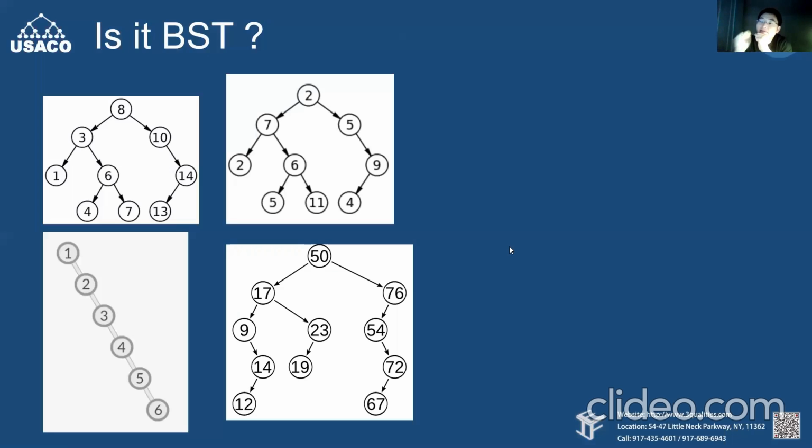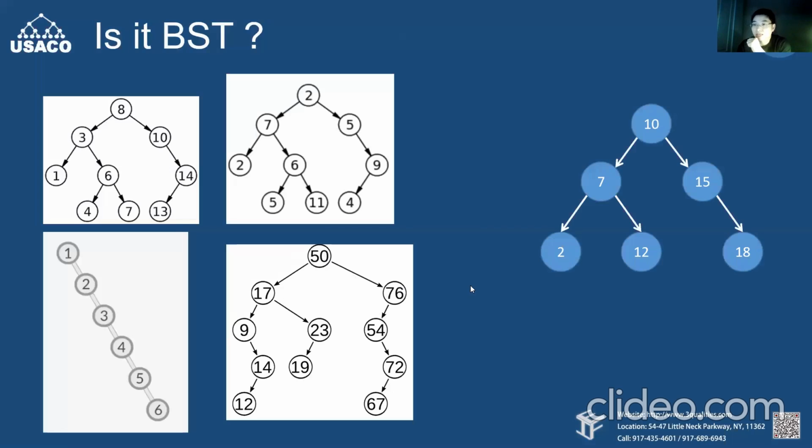Make sure you look at every node, okay? 50, all the left side is smaller than 50, right? 17, 9, 23, 49. The right side, all the nodes are bigger than 50. And if you take a look at the 17 subtree, same thing. All the left nodes are smaller than 17, and the right nodes are bigger than 17.